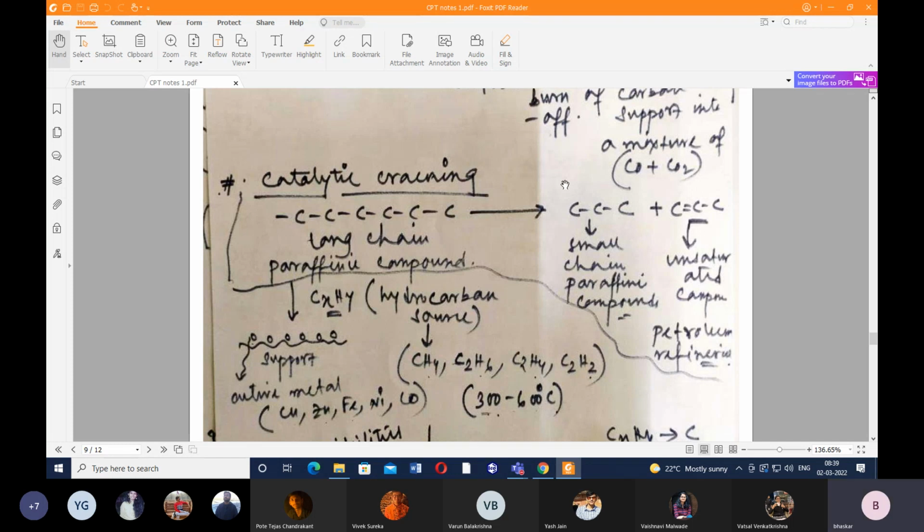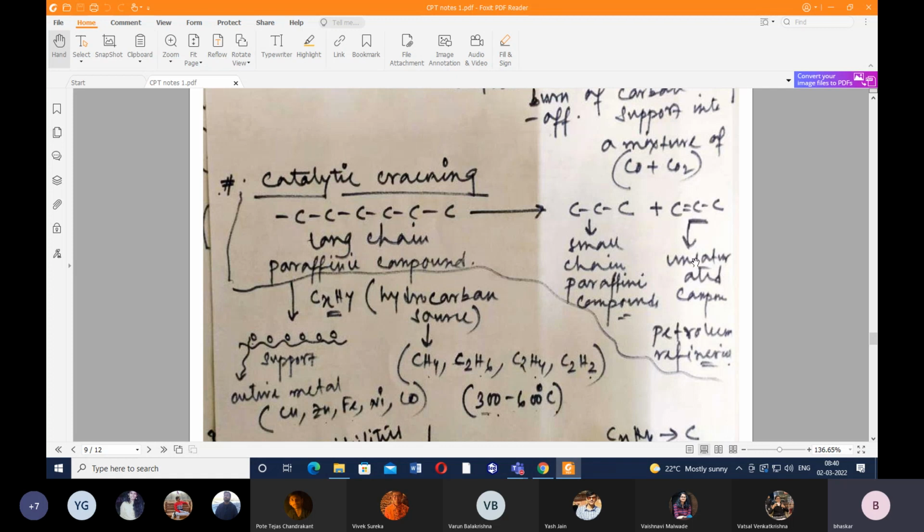There could be more fractions as well, but in the first step they will get converted into small chain molecules. If the parent molecule has 6 carbon atoms, each small molecule will have 3 carbon atoms. However, one will be a saturated compound and the other an unsaturated compound. This is the beauty of the catalytic cracking reaction.